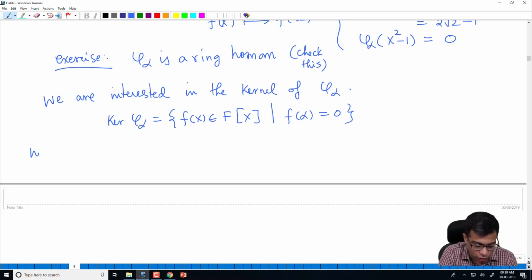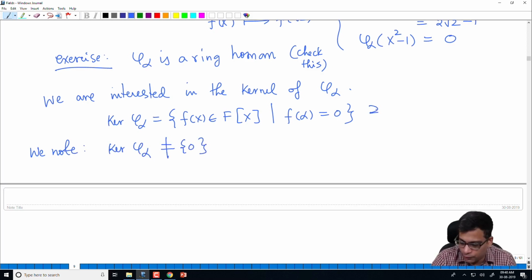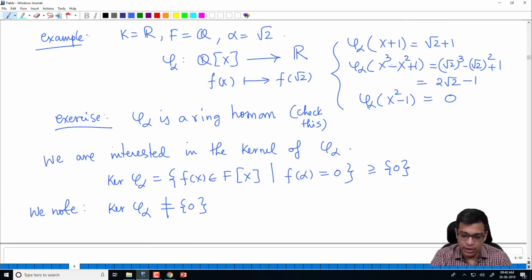So immediately we note the kernel of phi alpha is not just the 0 element. Remember, of course it contains 0. Kernel is an ideal in F[x], by definition of kernel, or not by definition, but it's an easy exercise that we did when we discussed ring homomorphisms.